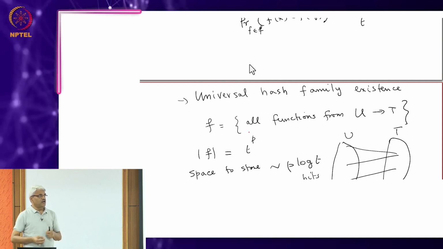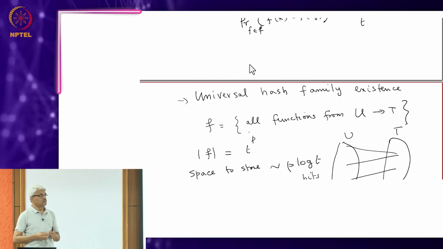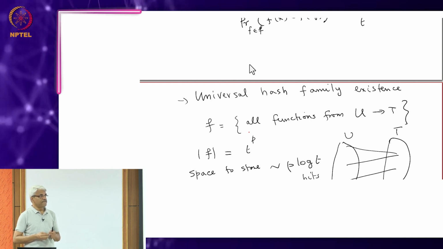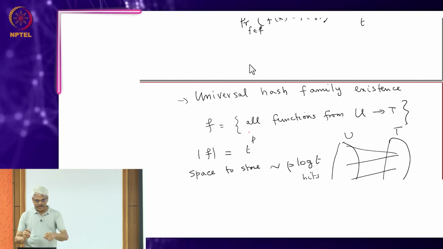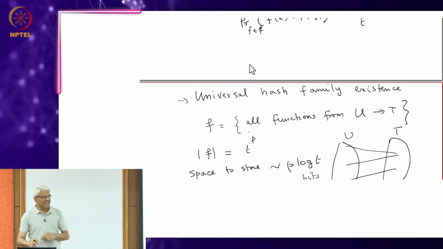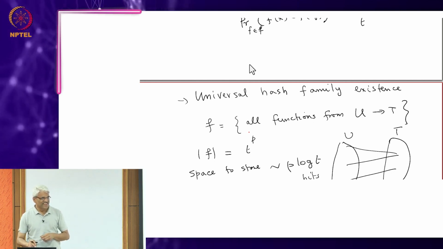Okay, sir, but first you asked how we have to check whether the family exists or not. Yes, and that question was in the previous slide, and I answered it in this slide.